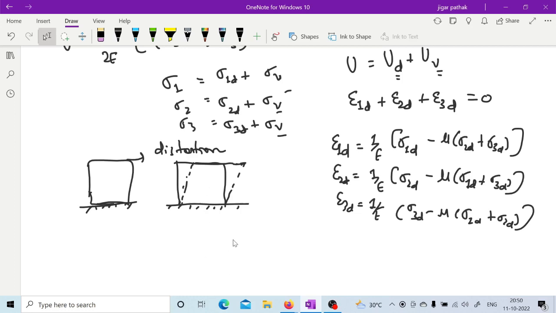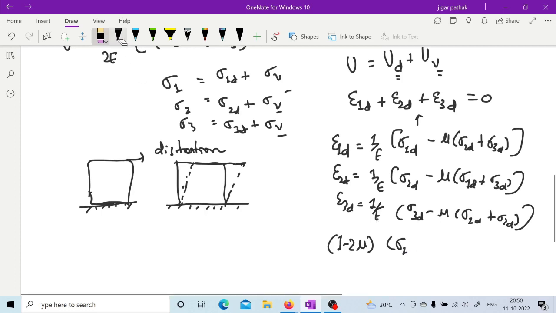Now if you put these values E1d, E2d and E3d in this equation, then you will find 1 minus 2 mu times sigma 1d plus sigma 2d plus sigma 3d is equal to 0.